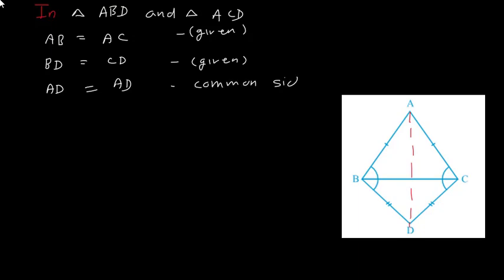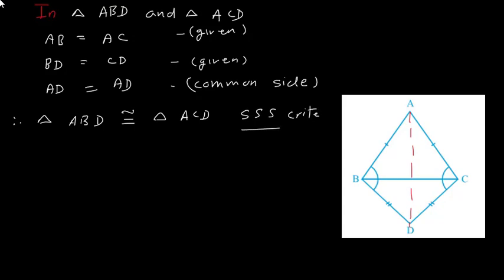Therefore triangle ABD is congruent to triangle ACD. This is side criteria. As I said, we will see this side criteria in our next exercise, but I am using it.